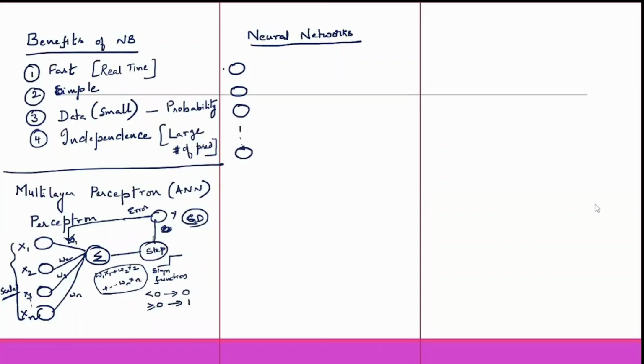We have the same inputs, x1, x2, x3, so on, xn. Earlier we had only one node there. Here there could be multiple nodes, which means there could be multiple weights that can come.